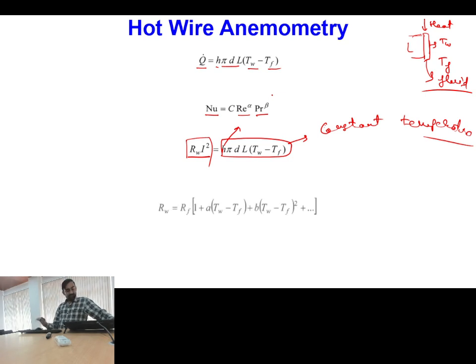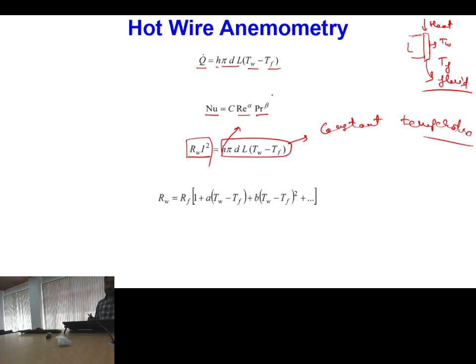Moreover, the resistance of the wire is also sensitive to changes in temperature. So the resistance of the wire can be written in terms of reference resistance times one plus alpha times (TW minus TF) plus B times (TW minus TF) squared. It means now you have so many unknowns.